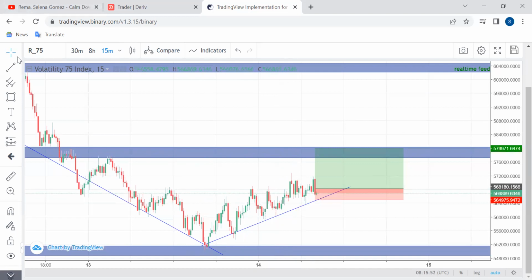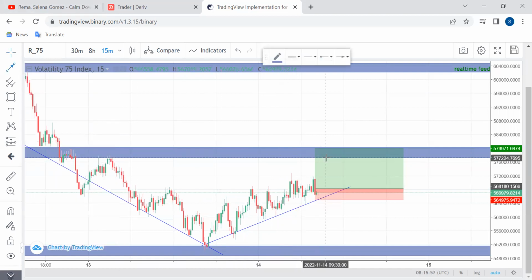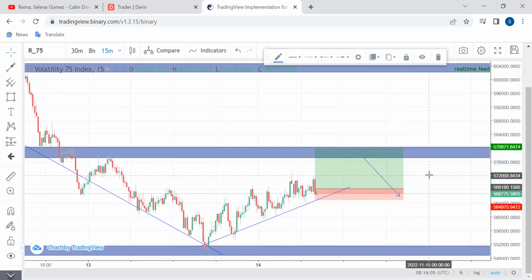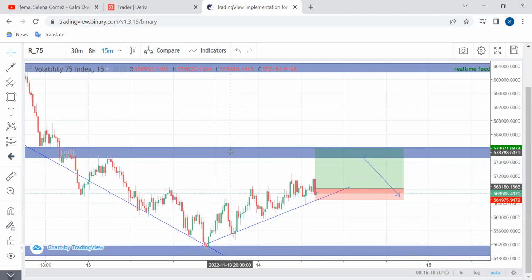The first scenario is, once it hits here, it will respect that resistance zone and come back down. That's our first scenario. The second scenario is, once it hits this zone, it will push back up. It will continue pushing up.